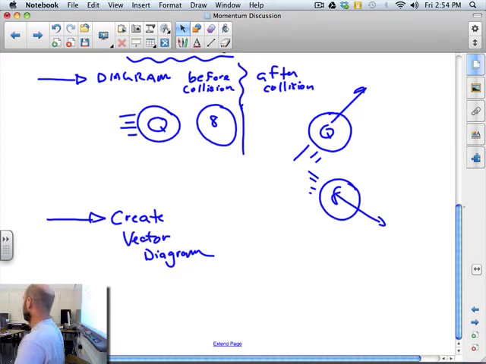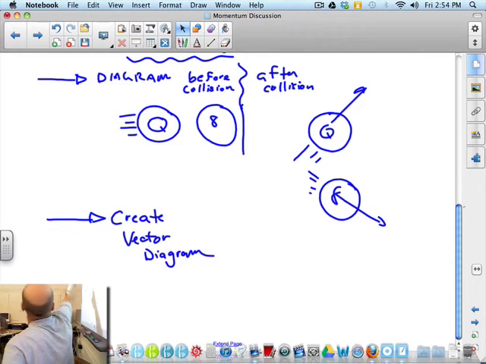Do you necessarily have one object hitting another object, so one object's momentum being equal to 2 objects' momentum added? Is that always going to be the case? You could have 2 objects moving in the beginning and actually sticking together. So 2 objects' momentum in the beginning could be equal to 1 object's momentum in the end.